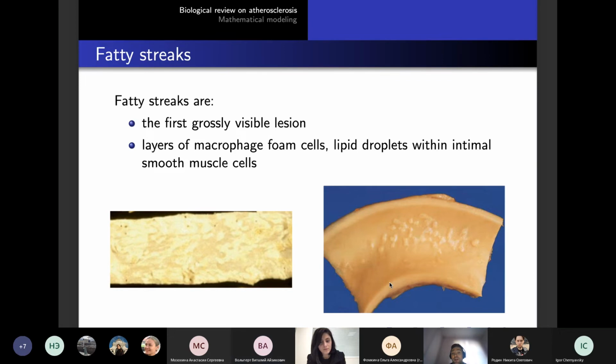But the value, you can extract some dependencies from the model and from experiment and compare these characteristic sizes of the structures.